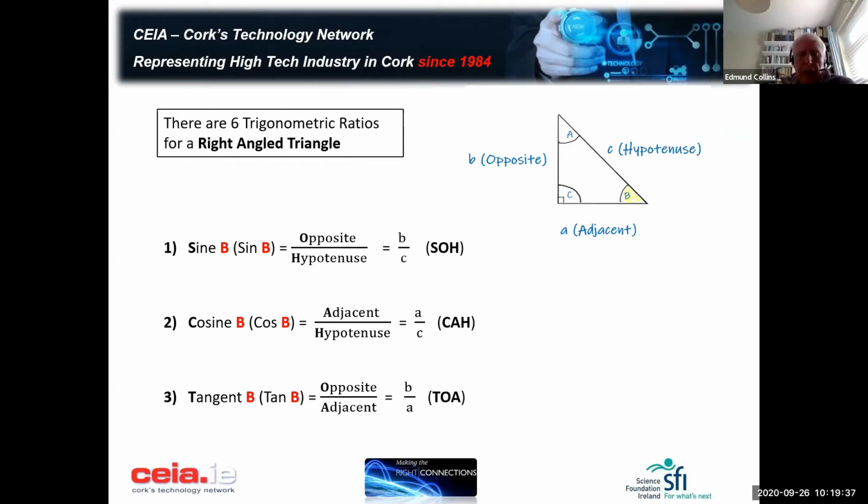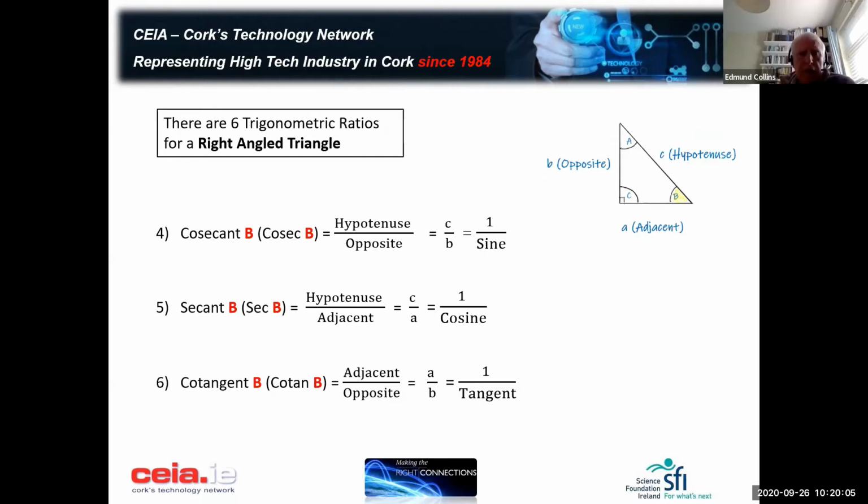And actually, if you look at it, the tangent is also the sine over the cosine. So if you put the sine over the cosine, then that'll be the tangent. So that's something that may come in useful in problem solving. So they're the first 3, quite important, and we will be using them later on in problem solving.